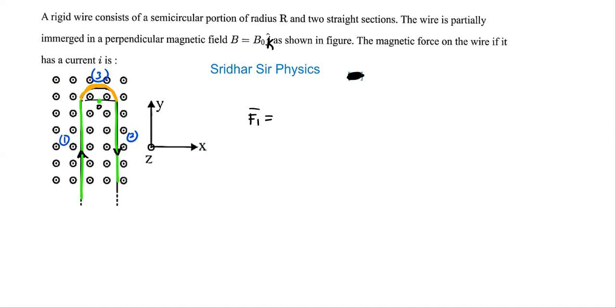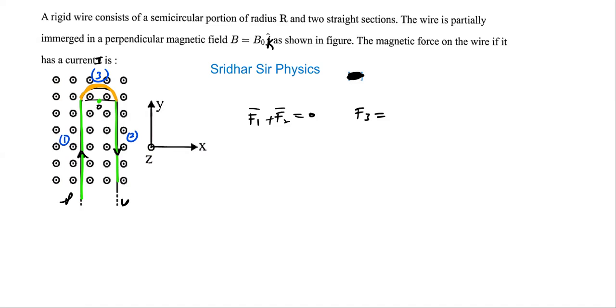F1 bar will be equal to current I. We will make this capital I. The forces F1 and F2 will be equal and opposite, since both are semi-infinite, the force will be 0. Only on F3 it will be non-zero.